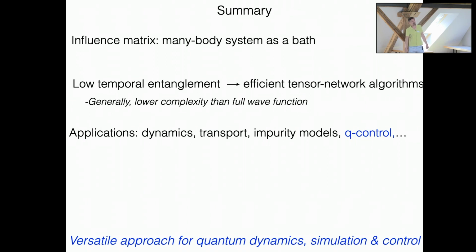And among applications, I've mentioned non-equilibrium dynamics in unitary and dissipative circuits, quantum transport, impurity models, and then one more thing that I did not have time to talk about is quantum control. But that gives you also a very natural language for quantum control if you want to torture part of your system at different moments of time.